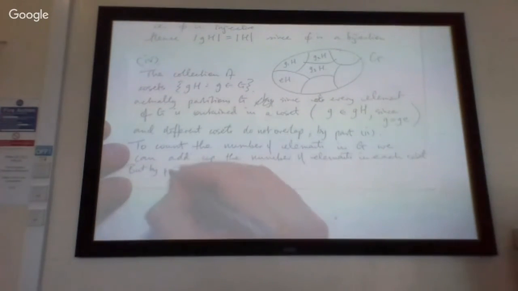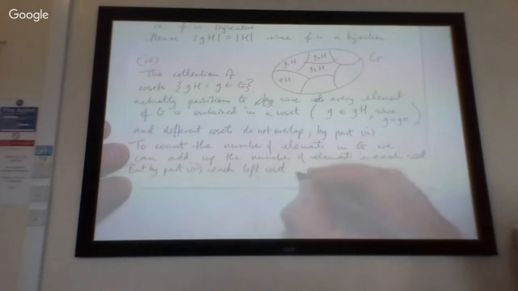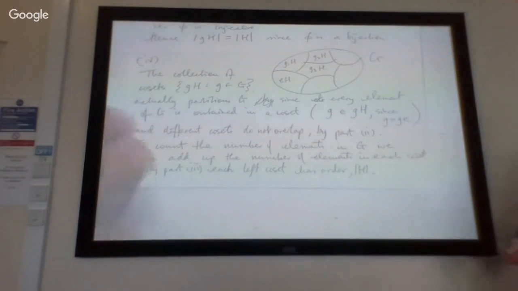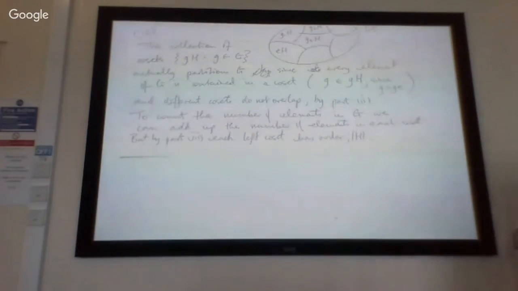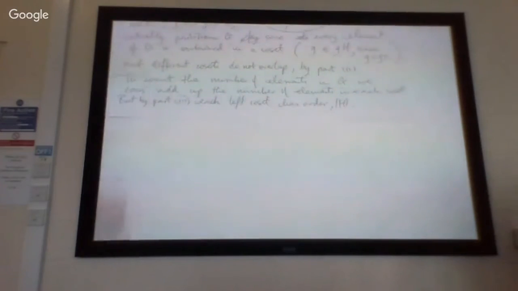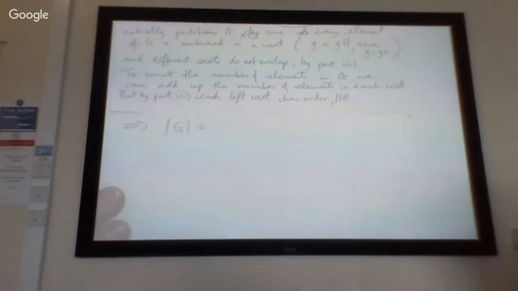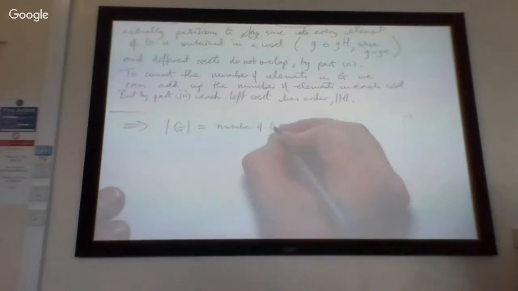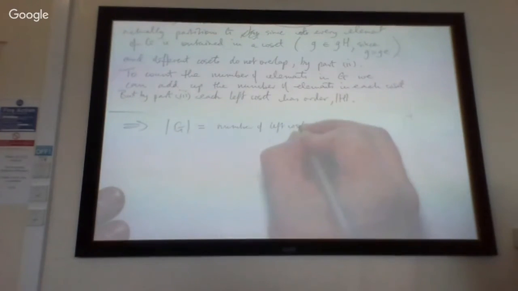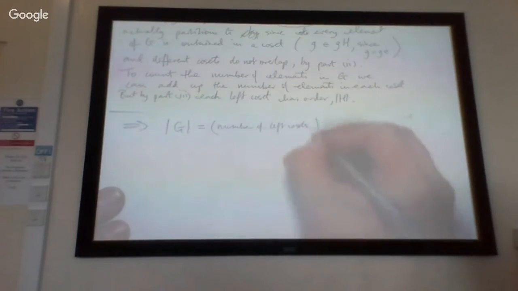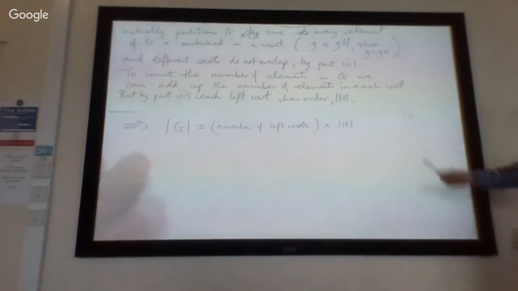By part 3, each left coset has order the order of H, whatever that is. So that implies that the order of G equals the number of left cosets times the order of H. So that gets you the divisibility.